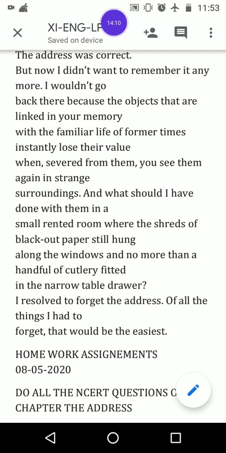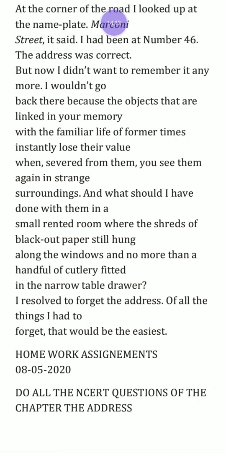See the explanation of the narrator. She is telling that we should forget the things once used in our life, when after a long time they are placed or used in a different way, because it gives a kind of pain, and you won't be able to bear it. So the best is that we should forget that; the painful memory should be removed from our mind for the peaceful present of life.